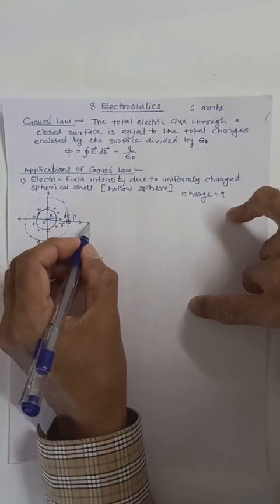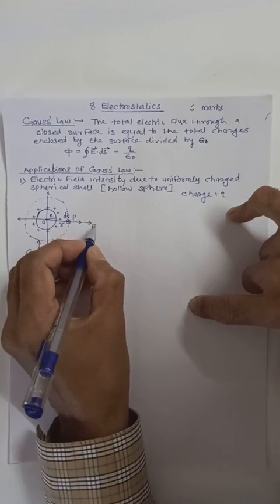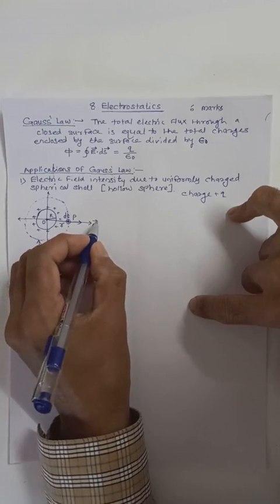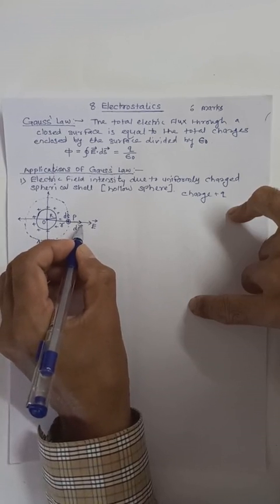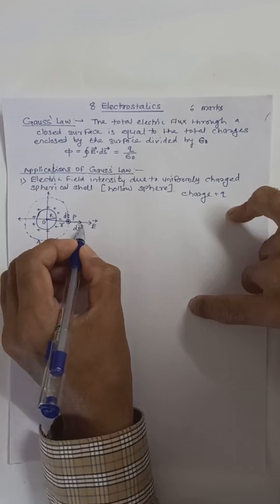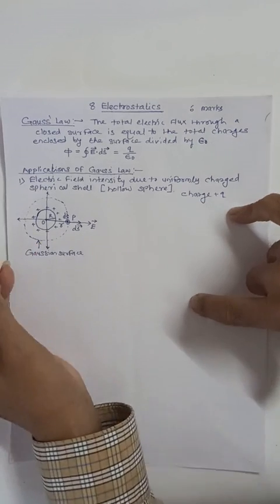Here the electric intensity is directed outward and surface area ds is also directed outward.